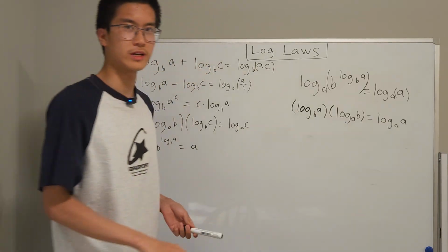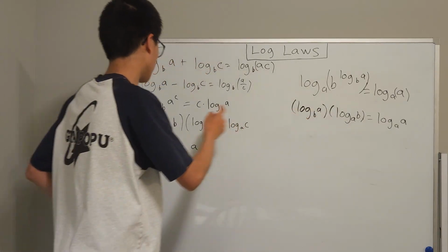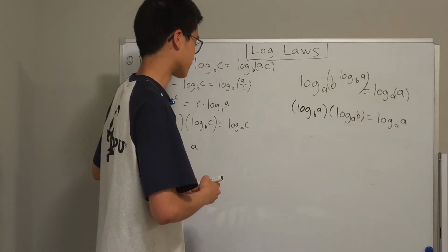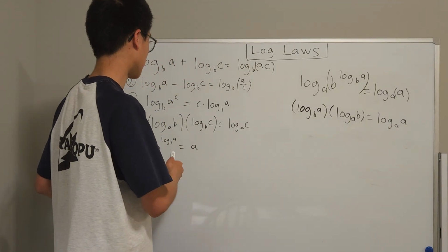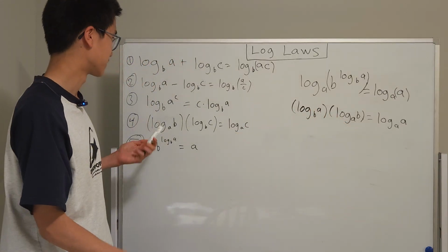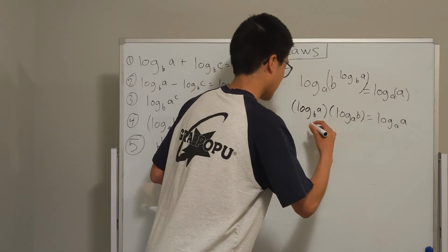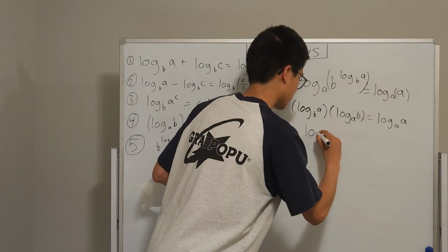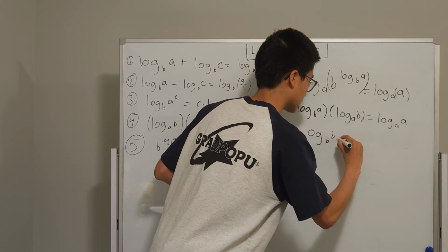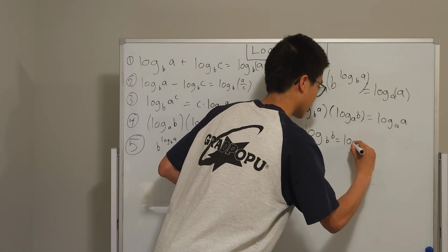And afterwards, we can apply our chain rule right here. So what does this become? After applying our chain rule, we just have to substitute some variables. After substituting variables, by the chain rule, you get log base b of b equals log base a of a.